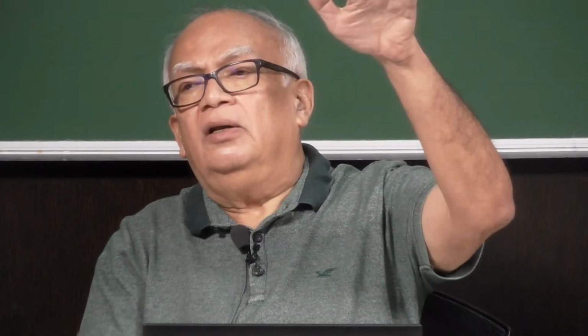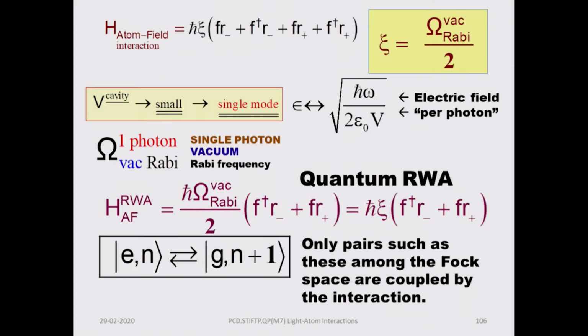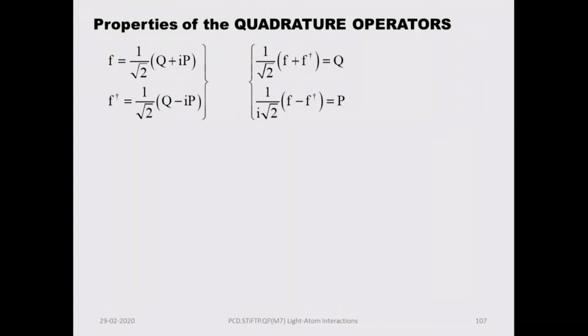So, the whole Hilbert-Fock space sort of gets partitioned into pairs in which the number of photons differs by just 1. The atom is in the ground state with n plus 1 photon, or it can be in an excited state with 1 photon less, which is n photons, and n can be 0. Okay? So, it is in such pairs that you will have the eigenvalue spectrum.